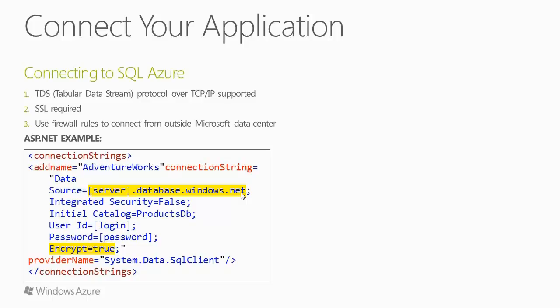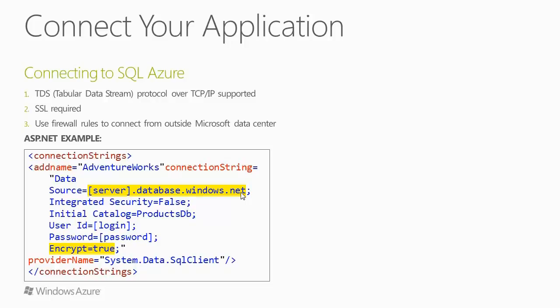And you do need to set up your firewall rules to be able to connect from outside any Microsoft data center, right? So here's an example of a connection string from an ASP.NET app. The data source is the entire fully qualified domain name, server.database.windows.net, and then the username, password, and the initial catalog, the initial database. But notice in the highlighted yellow that Encrypt=true.